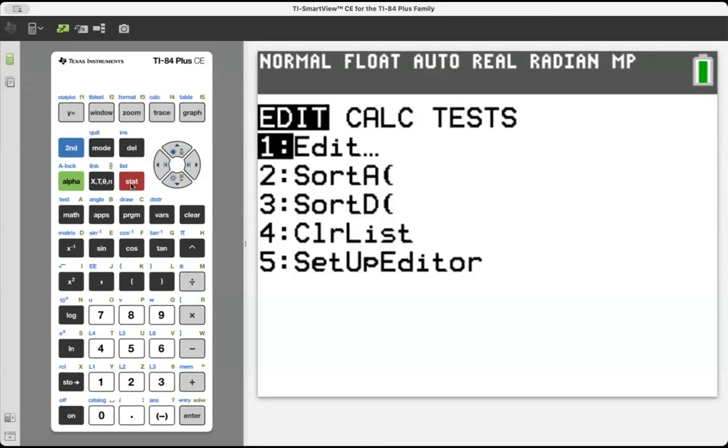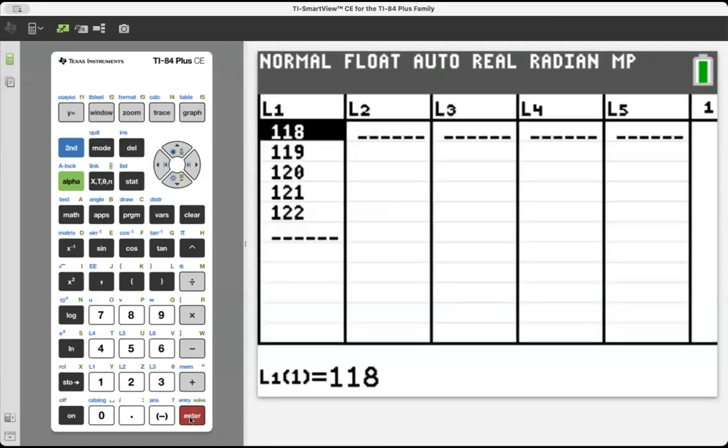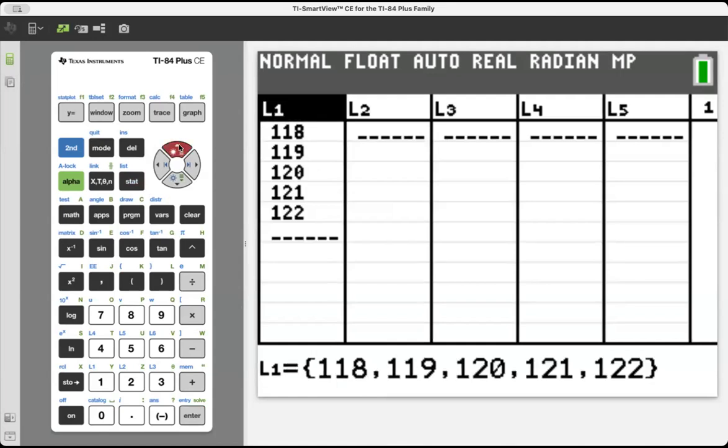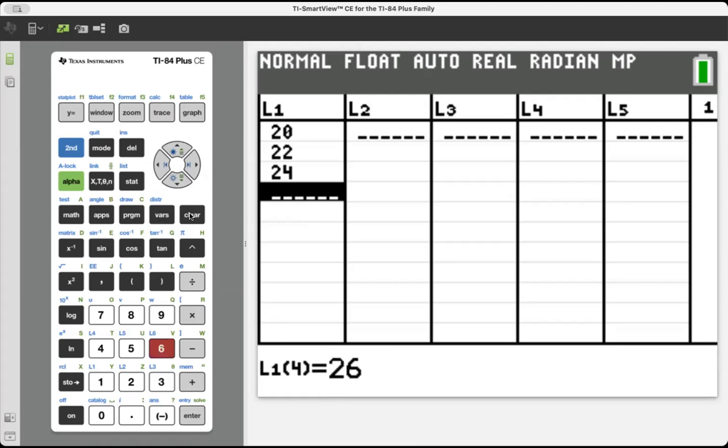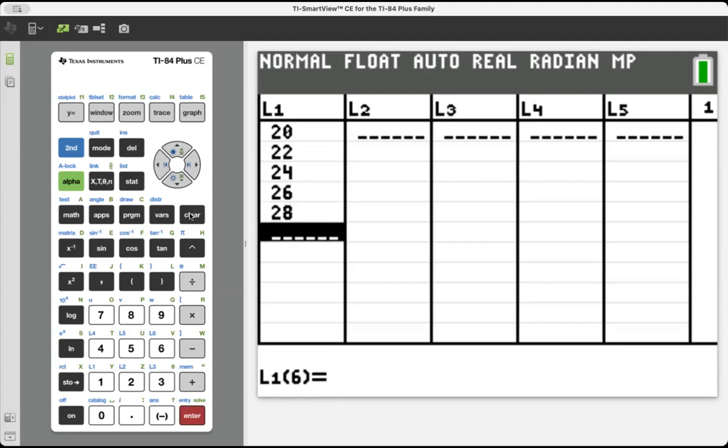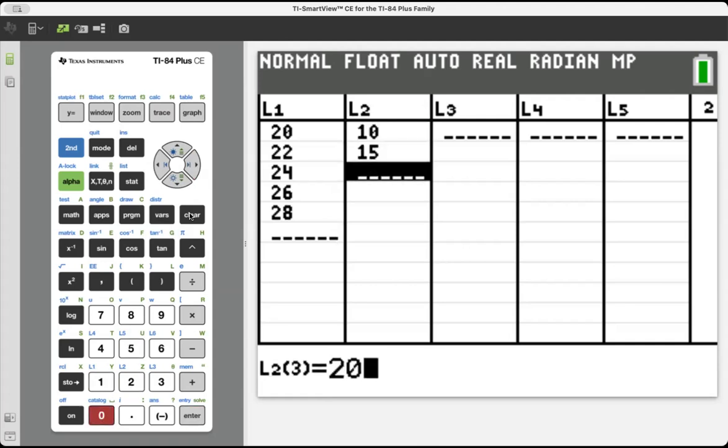Okay, let's press Stat, Edit. I'll erase what's in L1. And I'll put in these cholesterol decreases for CardioEase. And then in L2, I'll put these cholesterol decreases for LipoClear.